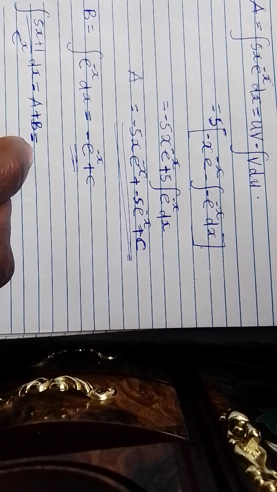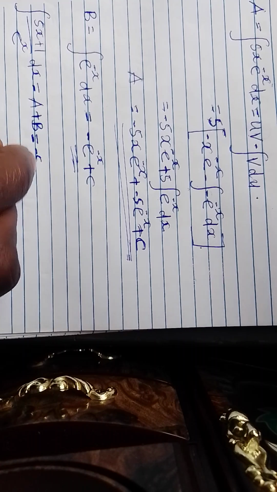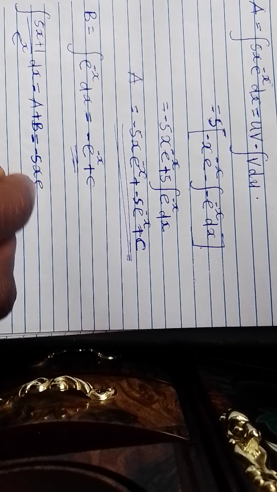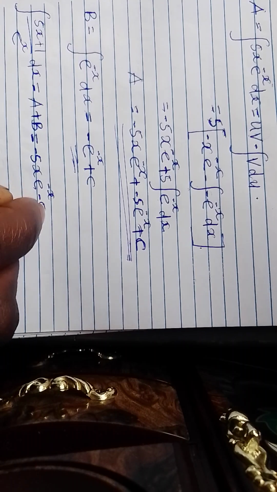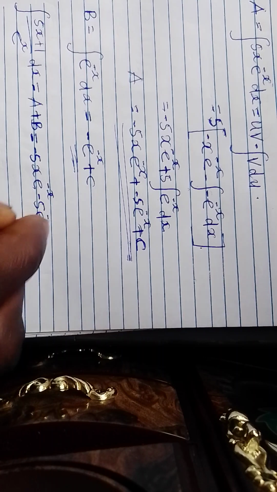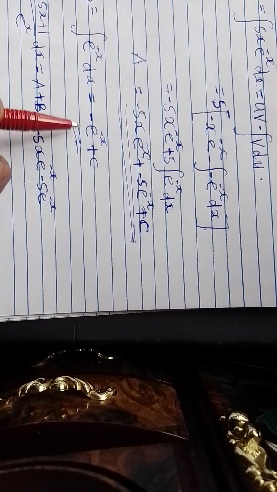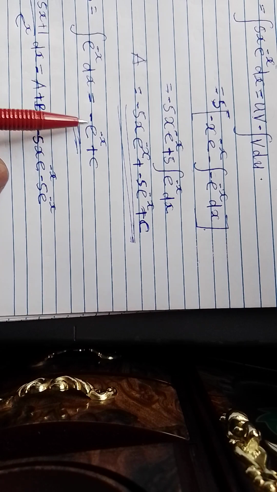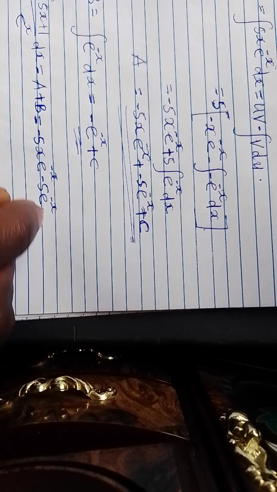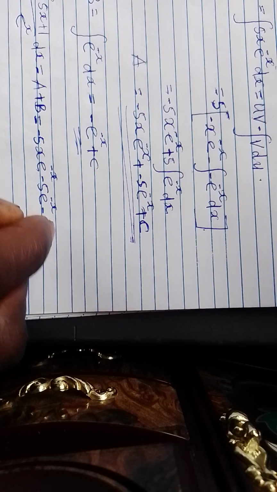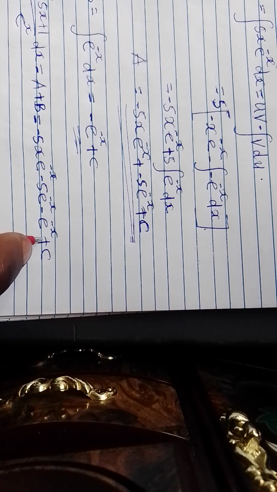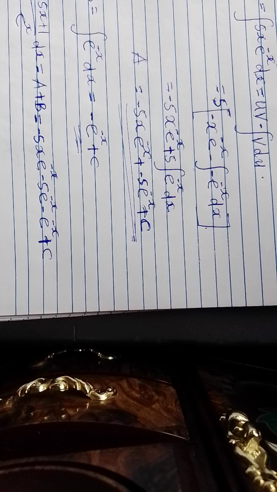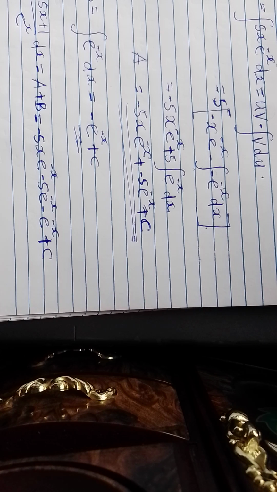Our A is minus 5x exponential raised to power negative x minus 5 exponential raised to power negative x, then plus we add B. What's our B? So we have minus exponential raised to power negative x plus a constant. You don't have to write two constants, because a constant is a representation of a certain value which we don't know. So constant is just a constant.